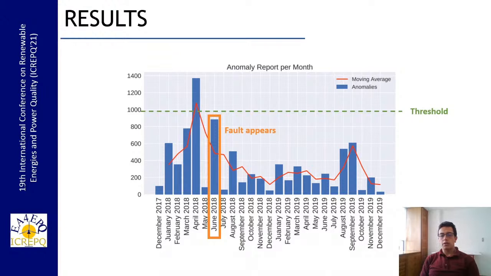This threshold is established by the average of the anomaly reports with at least 3 standard deviations above. That is the reason we established this threshold at around 1,000 samples classified as anomaly per month. You can see here that in April of 2018, the alarm is triggered because the anomaly reports are bigger than the threshold.